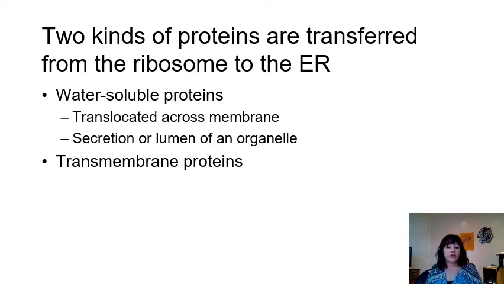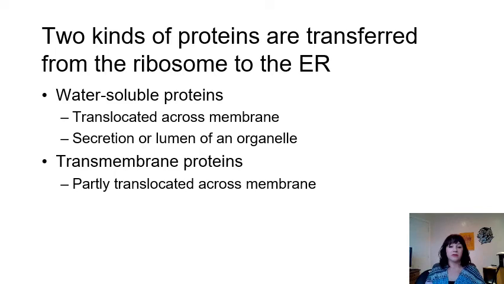We also have transmembrane proteins that are made by ribosomes on the surface of the ER. These could be proteins that have a function on the surface of the cell or in the membrane of any particular organelle. These get only partially translocated across the membrane.